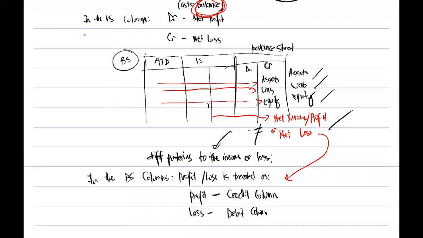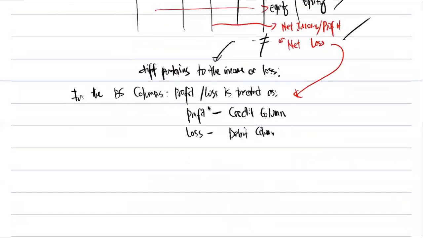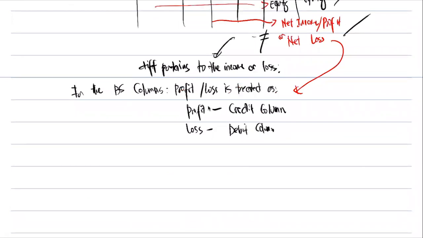So, after knowing your worksheet, again, the purpose is to help you in your adjusting process and in the preparation of your financial statements. So we proceed now to your financial statements. Although we have discussed this already, we will just have a quick recap.